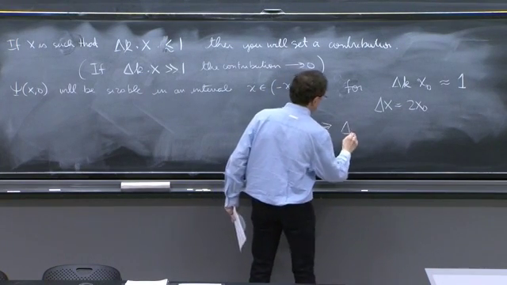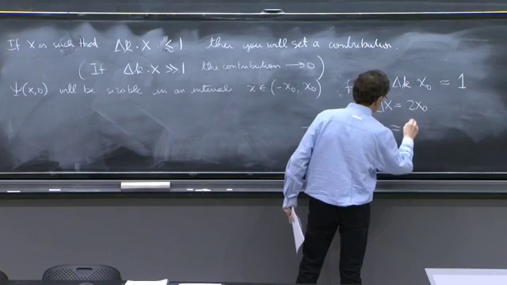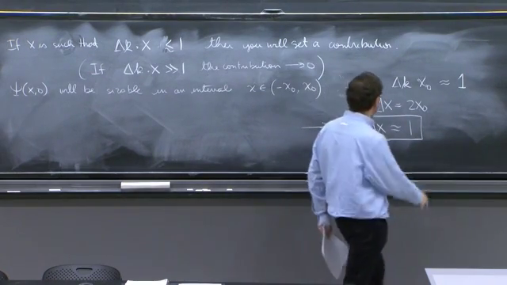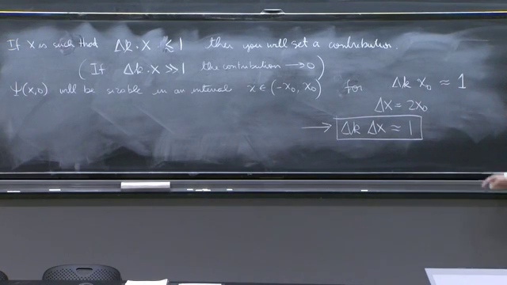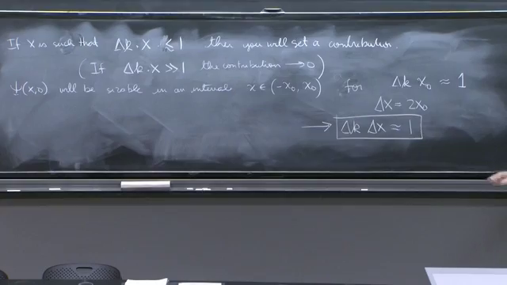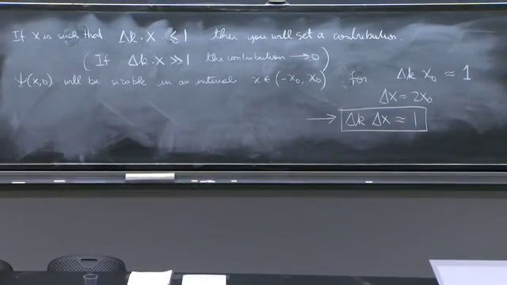So delta k, delta x, roughly equal to 1. So I'm dropping factors of 2. In principle, here I should put a 2, but the 2's or 1's or pi's at this moment are completely unreliable.